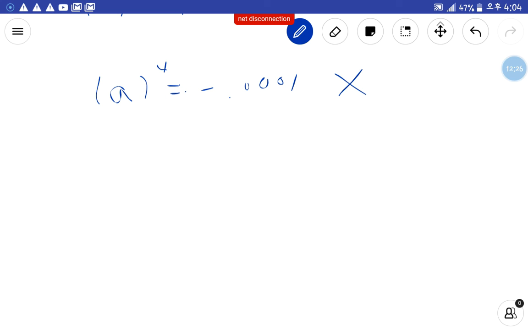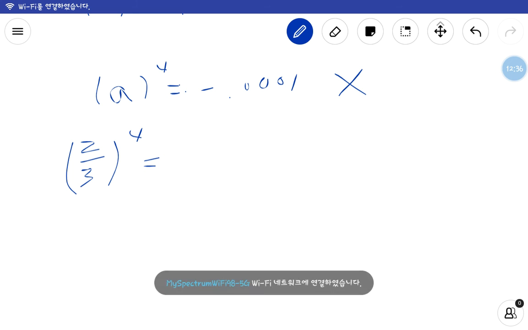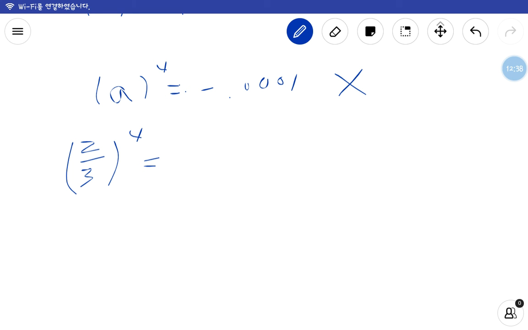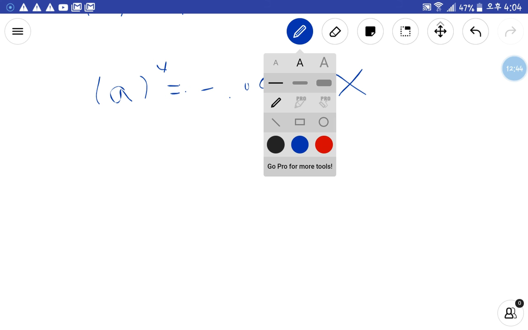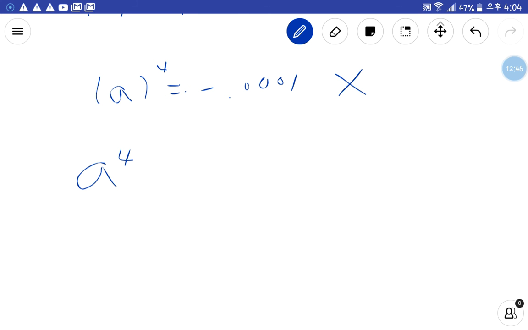Okay, 16/81. You have to think about this. You can think about 2/3 to the fourth power. So your goal is to get a to the fourth power becomes 16/81. This may be better to show you. a to the fourth power becomes 16/81, right? So please take the fourth root of each side.